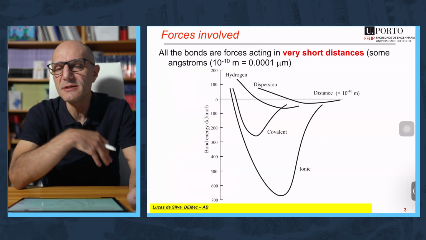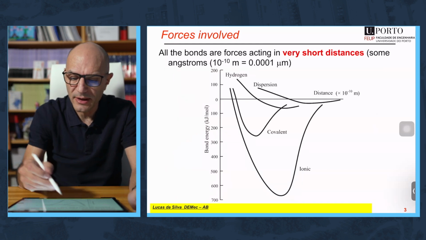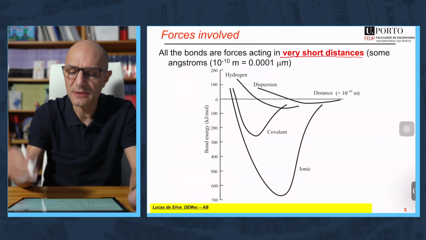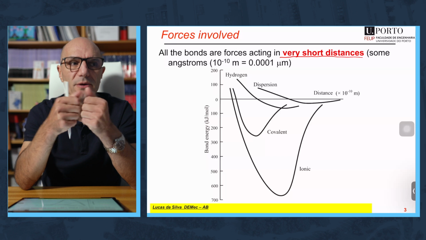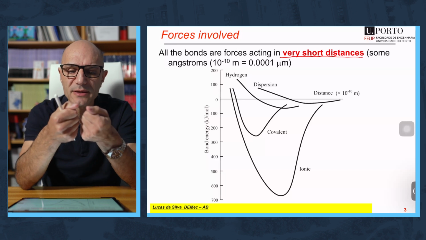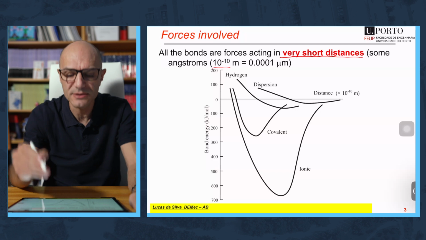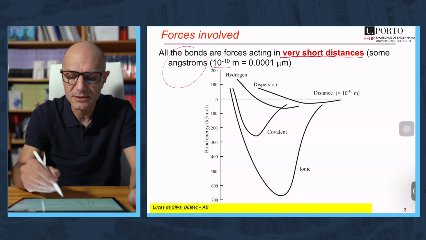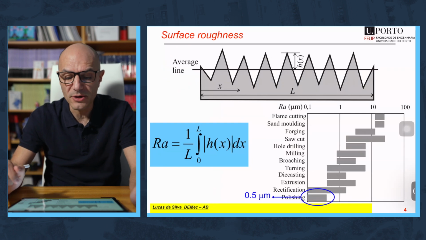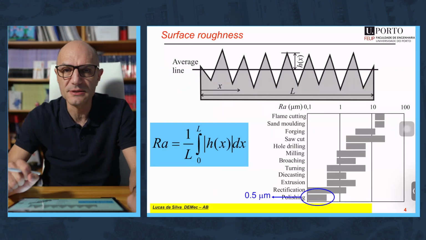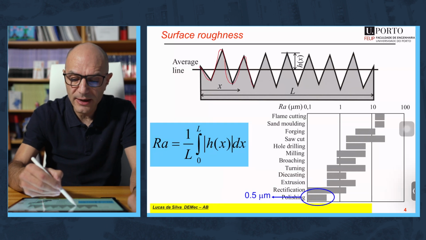But there is one thing that is common to all the forces involved, whether they are primary or secondary, which is that they are very short distance forces. That means that if you want them to enter into action, you really need to bring the surfaces very, very closely to each other. We are talking about 10 to the minus 10 meters, of the order of an angstrom, really a fraction of a micron. And if you look on the other hand at the surface roughness of substrates, you will see that it's really highly irregular.